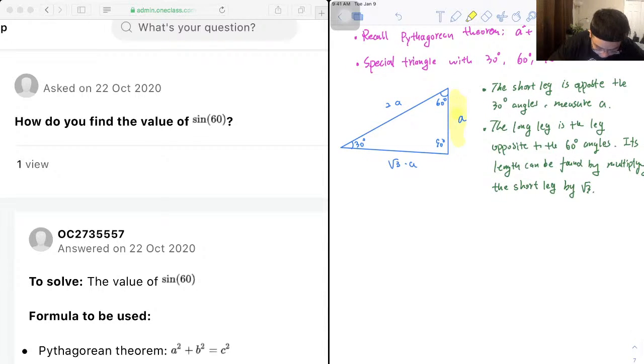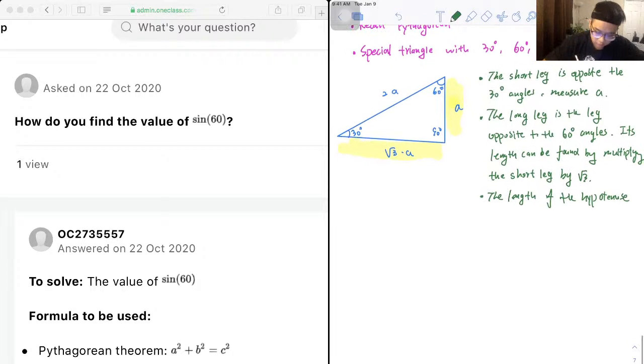So that's the long leg, and our hypotenuse, so the length of the hypotenuse is always double the length of the short leg, denoted as 2a in this case.